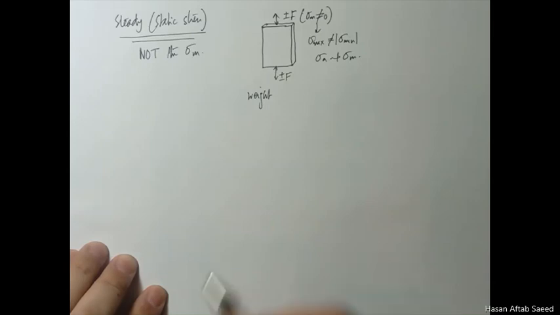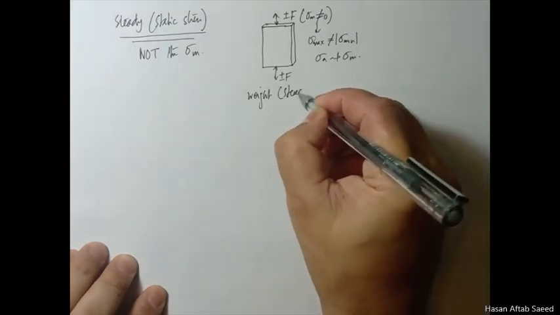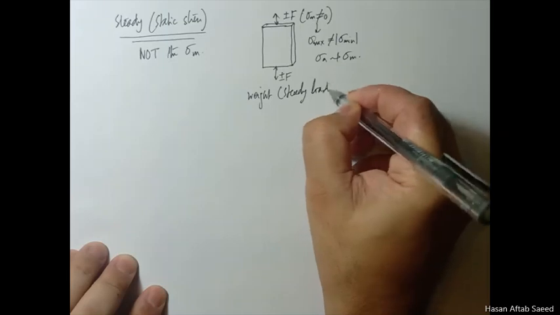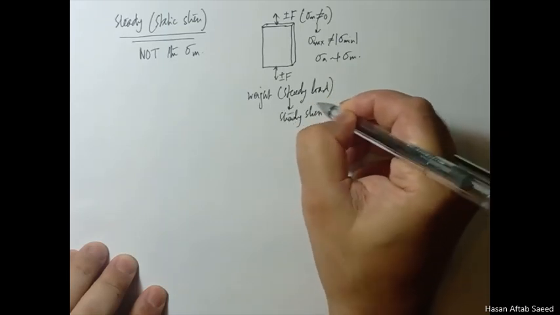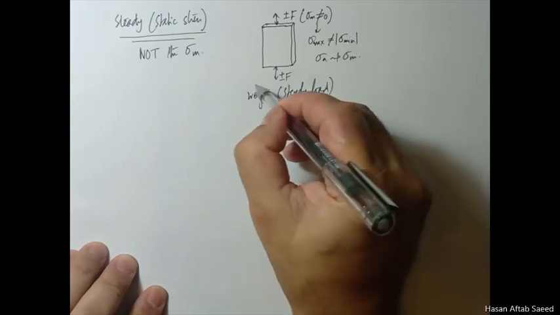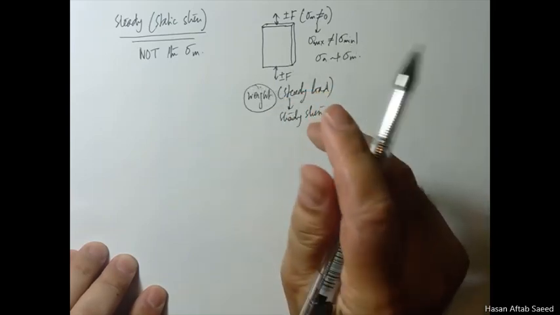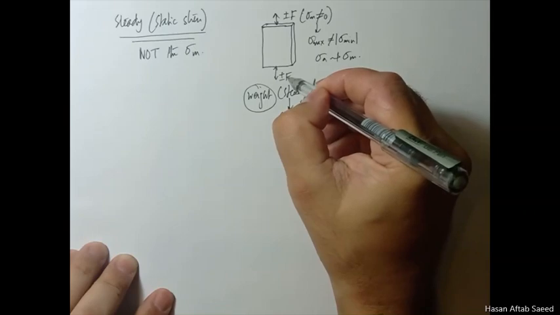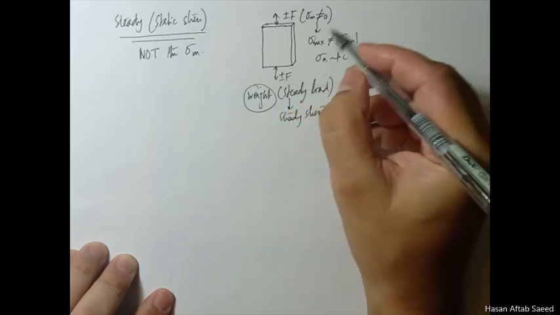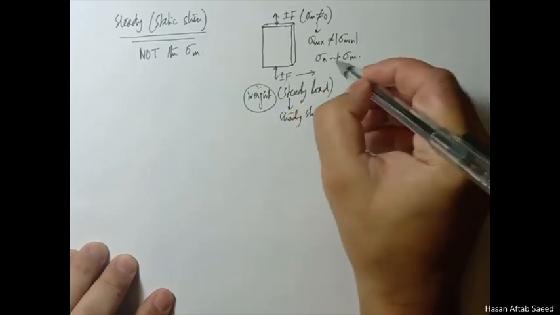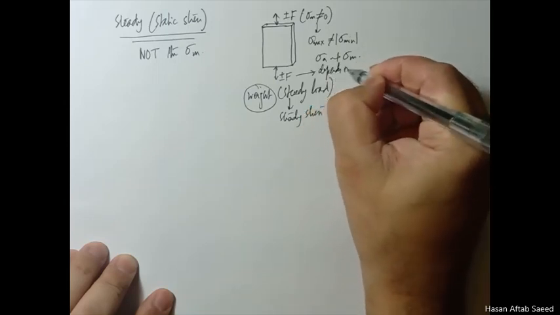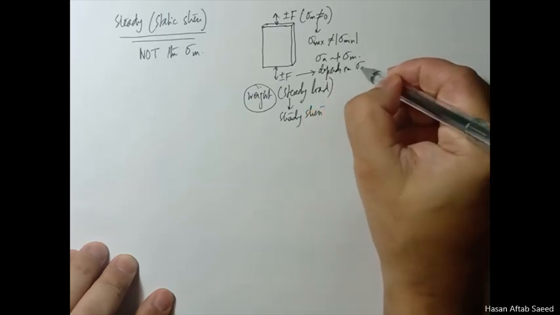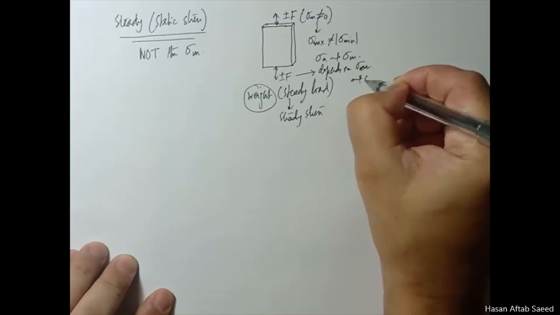This weight is an example of a steady load, or steady stress, the stress caused by this weight load. And why is that so? This plus minus f is completely quantified by sigma a and sigma m. It depends on sigma a and sigma m only.